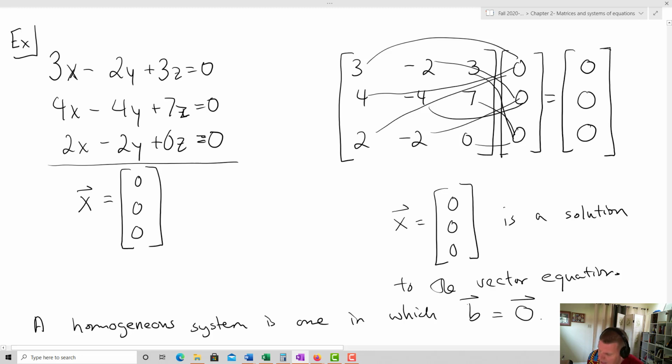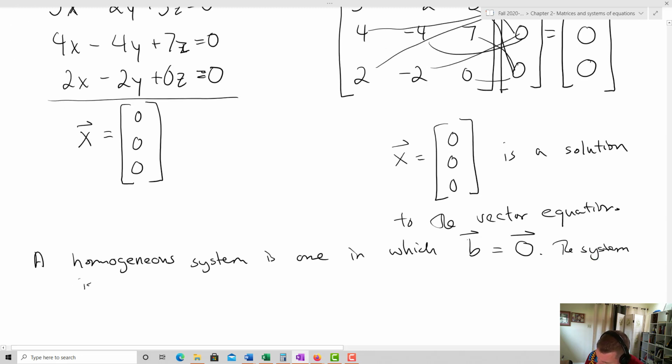So the system is set equal to 0 for all equations. Basically, we have no constant term, right? And if you think about this geometrically, this means that each plane goes through the origin.